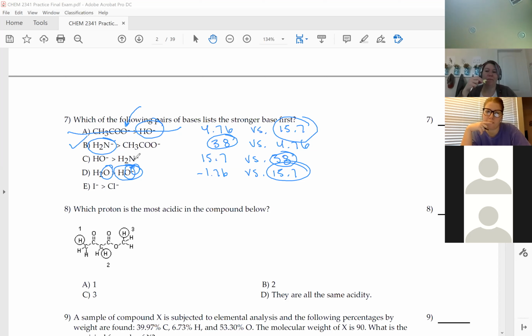HI. Right, so this has the stronger acid first, which means this would be the stronger base. Anyway, the rest of that was just proving to you guys why B is the correct answer. Are there any questions about this?